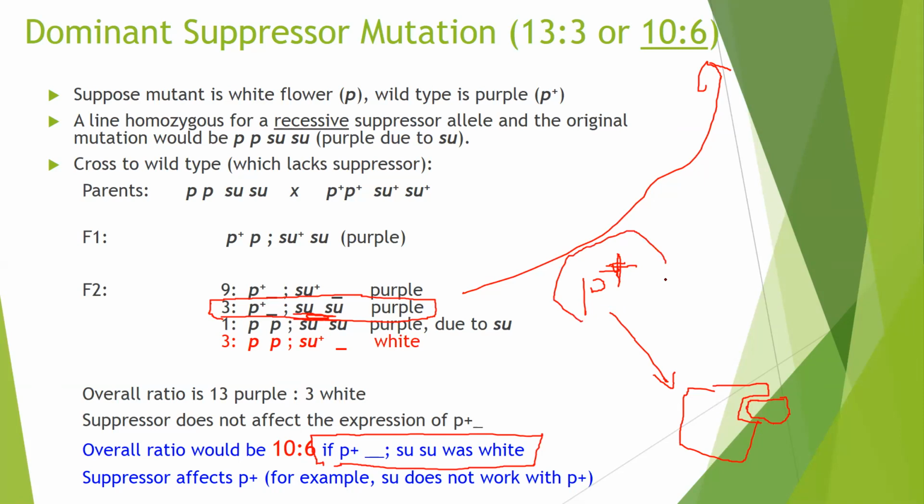Now if this is a P plus, but the suppressor is mutant, so it cannot produce any useful enzyme to bind to this protein, then this will give us the white phenotype. I hope this helps.